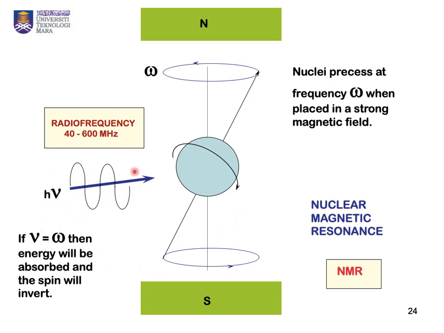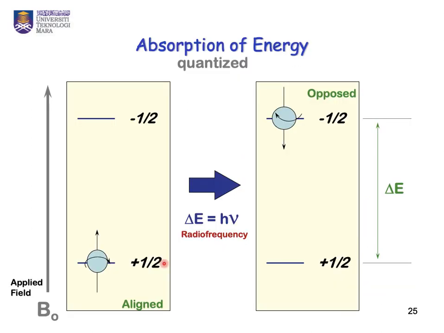When this radio frequency is absorbed by the nuclei, the nuclei jump from the lower spin state to the higher spin state.